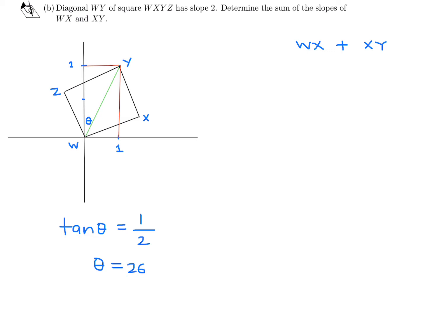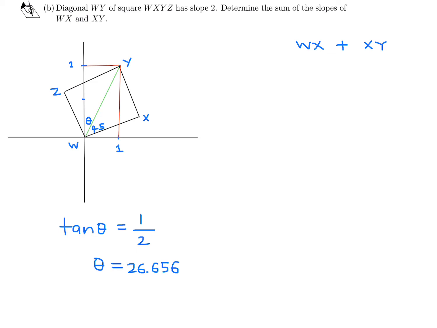And when you do, you get 26.656 approximately. Okay, so now this is a square, so that basically means that when you cut the diagonal, this angle will be 45 degrees.